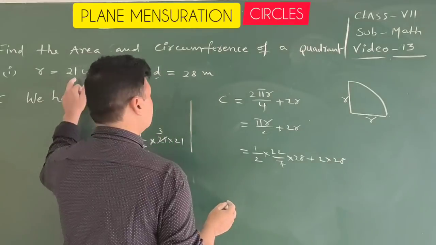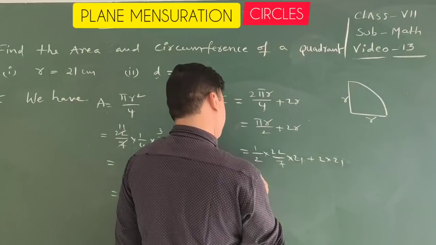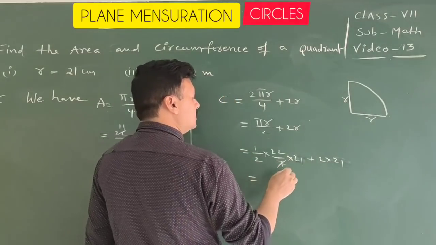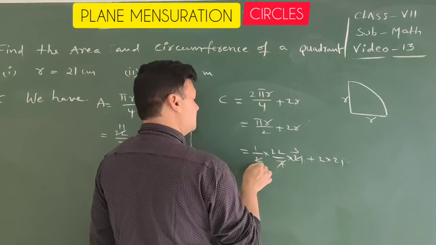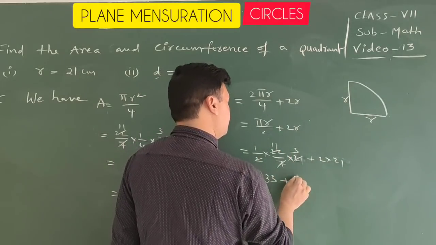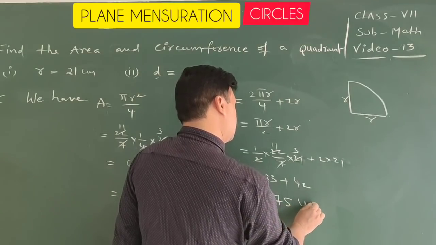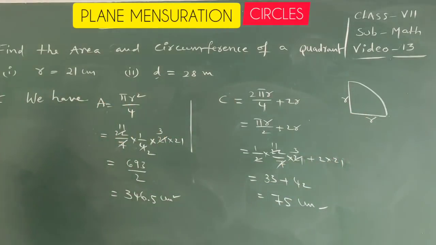Oh sorry, 21. So here 3 times, here 11, 33 plus 42 means 75 centimeters is the circumference of the given quadrant.